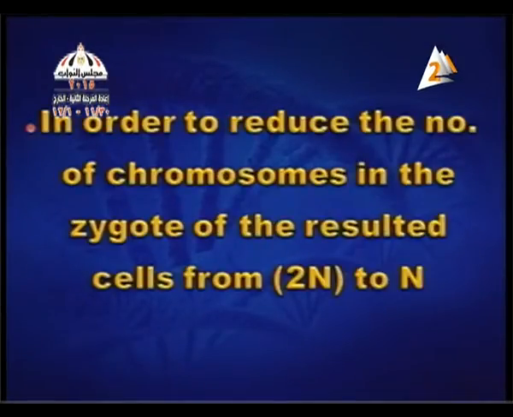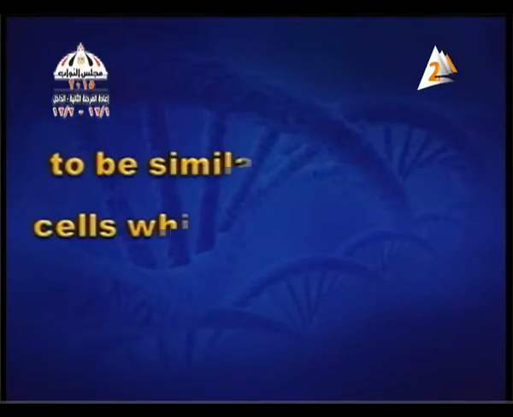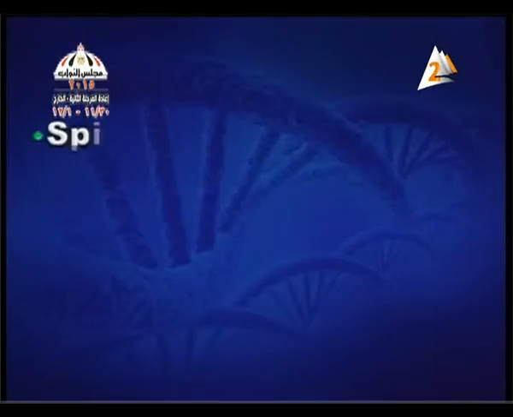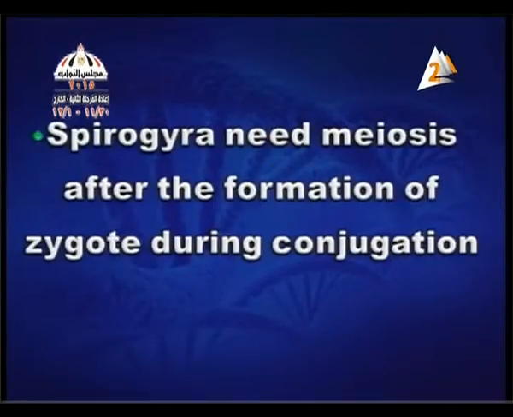Good. In order to reduce the number of chromosomes in the zygote of the resulted cells from 2n number to n, to be similar to original cells, which is the haploid number, n number of chromosomes. I'm going to say that again because it's a long answer, so please concentrate with me.